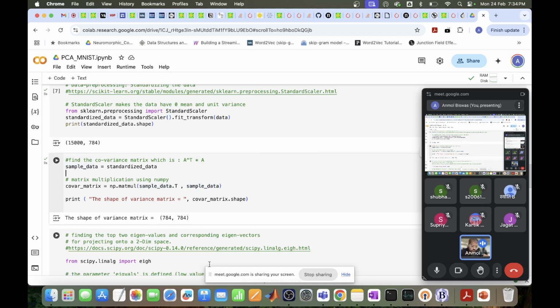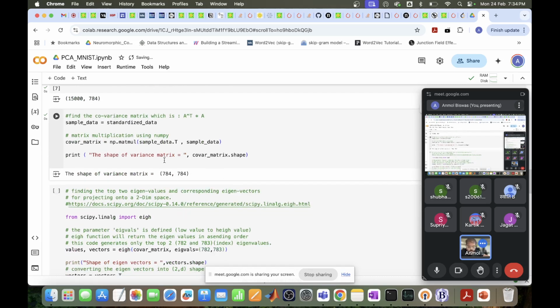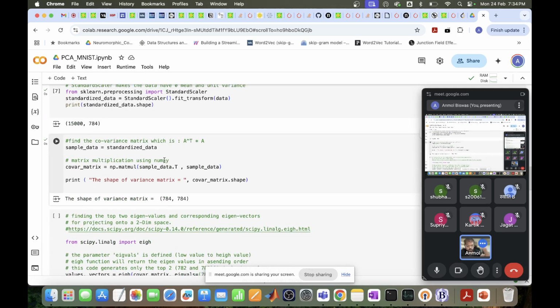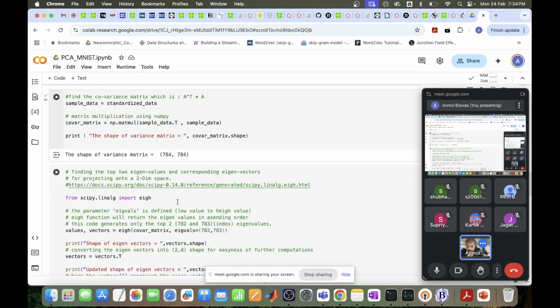So we do the matrix multiplication, we get 784 by 784. This is our matrix of covariances, where each ij element is the covariance of the ith pixel with respect to the jth pixel, and the diagonal terms are basically the variance of each pixel independently, separately.